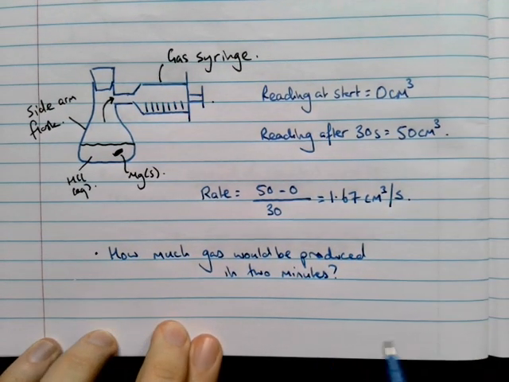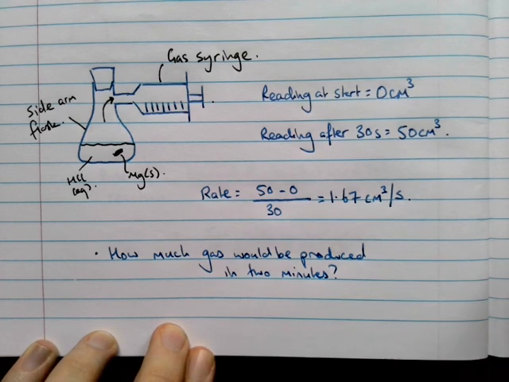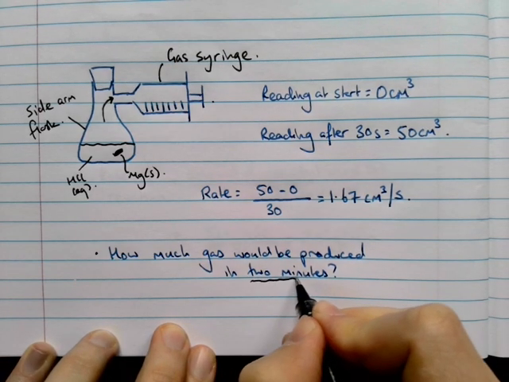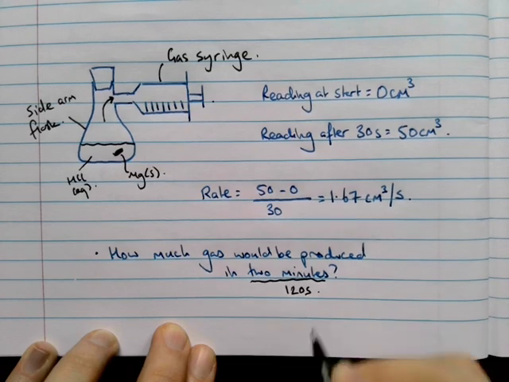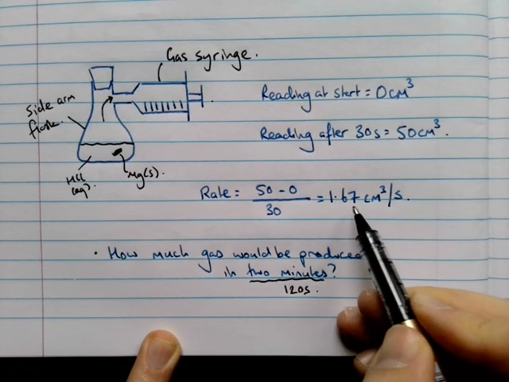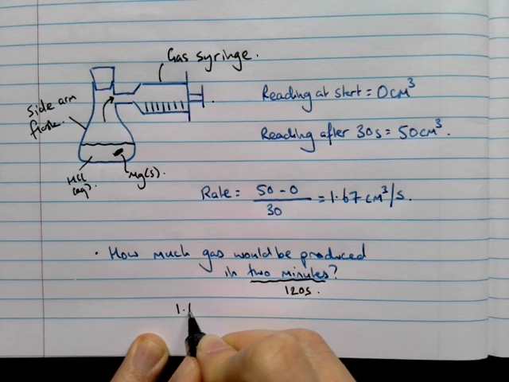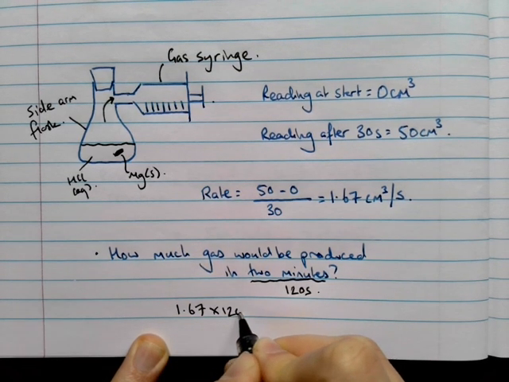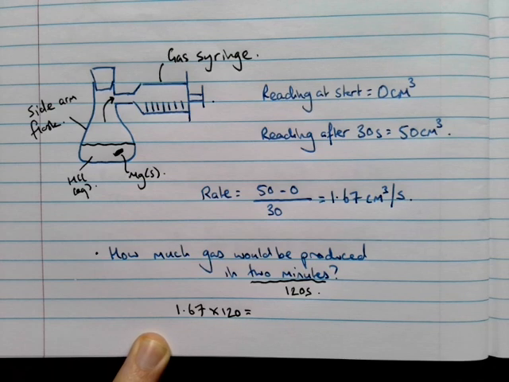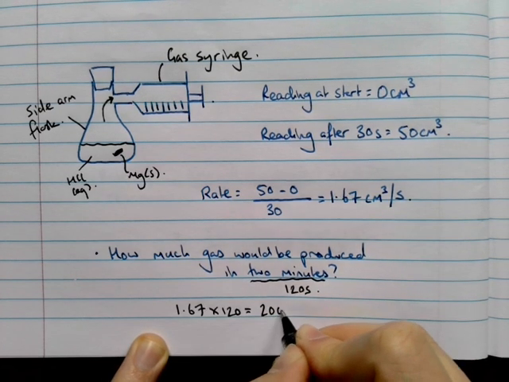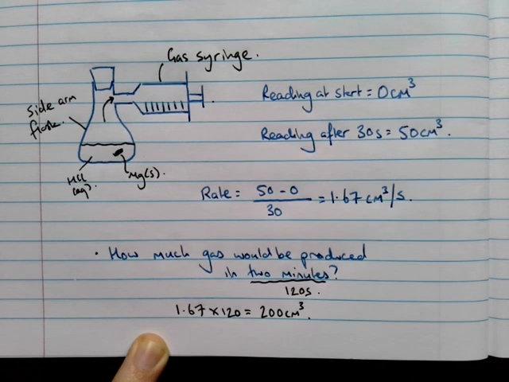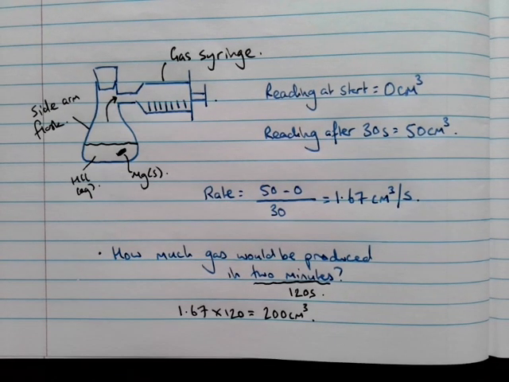All right, so how much gas would be produced in 2 minutes? Well, 2 minutes is 120 seconds. And I know that I'm getting 1.67 centimeters cubed every second. So I would get 1.67 times 120, and that would give me 200 centimeters cubed.